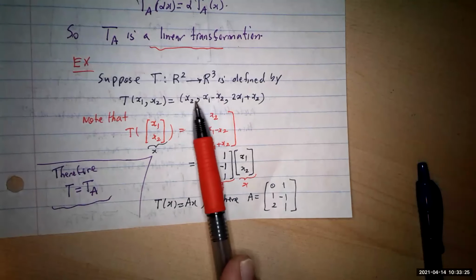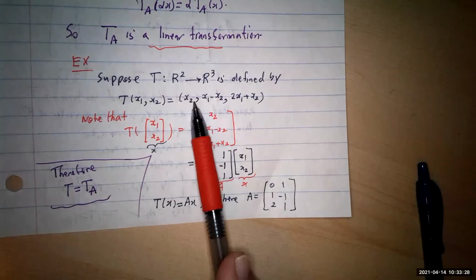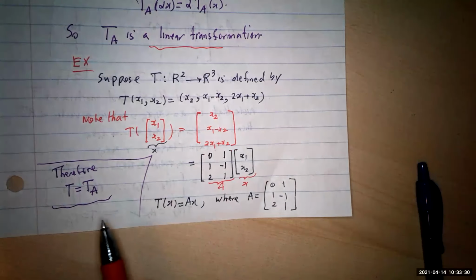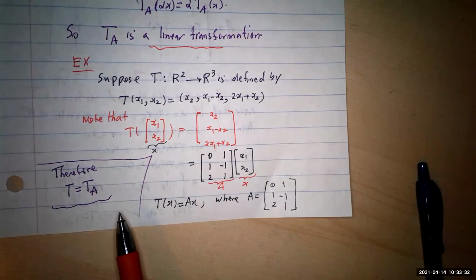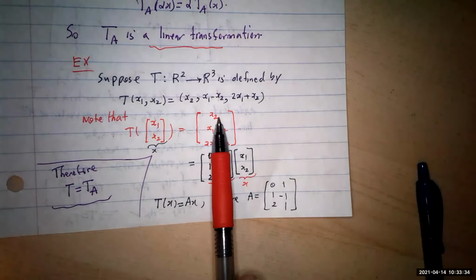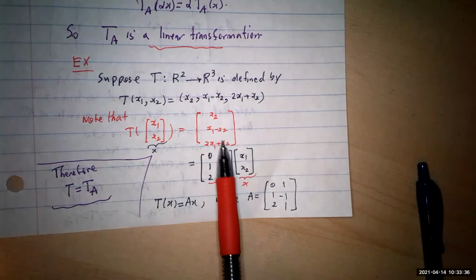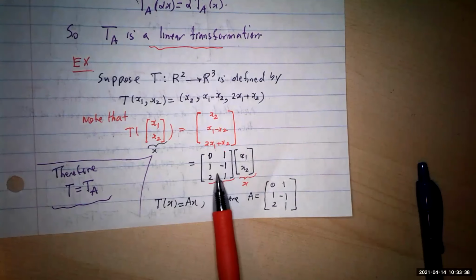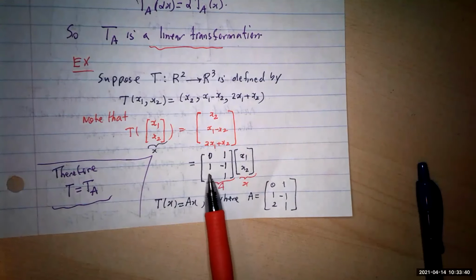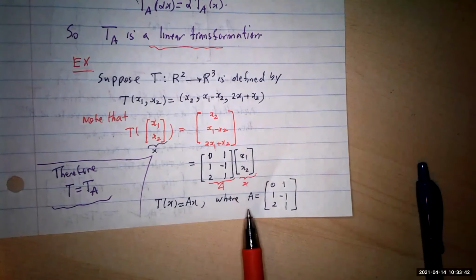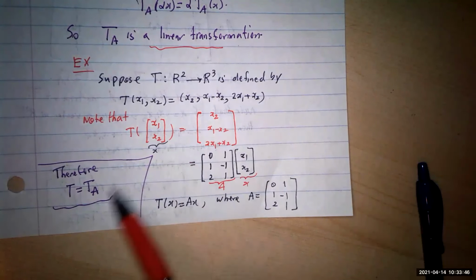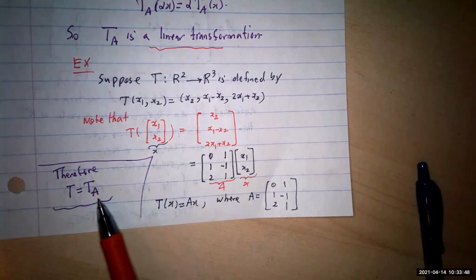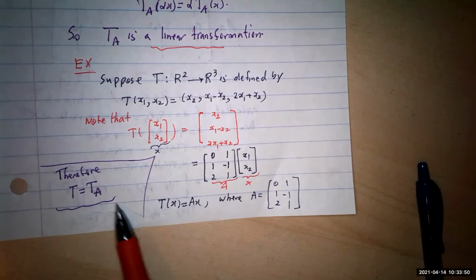We can look at it as a system of 3 equations in 3 variables, and we just pull out the matrix of coefficients. When we organize it, we get the A here. So a linear transformation can be written as a linear transformation introduced by a matrix.